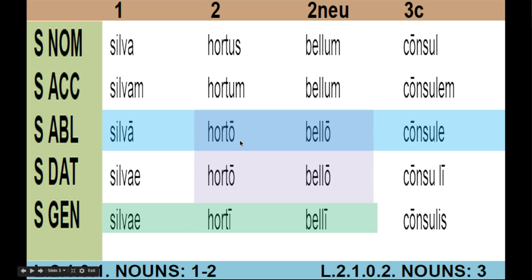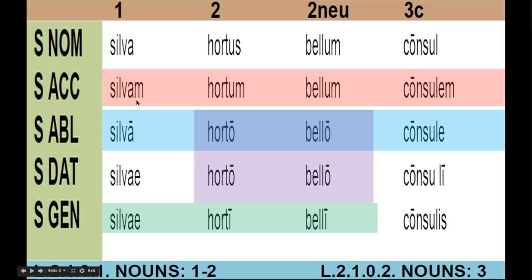Notice your singular ablative and dative, you have a nice block of 4 here in the long O: horto, horto, bello, bello. And of course, for the accusative, it all ends in what? M: silvam, hortum, bellum, consulem. We also see the neuter rule: the accusative and the nominative are the same.